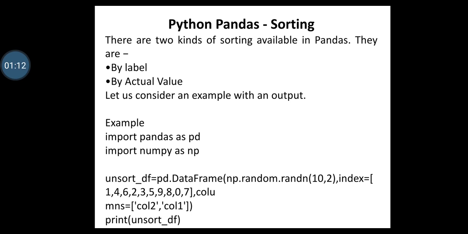Then define the index values 1, 4, 6, 2, 3, 5, 9, 8, 0, 7, and then columns is equal to defining the labels col2 and col1. Then the last statement, print unsort_df. After executing, the output is shown in the next slide.